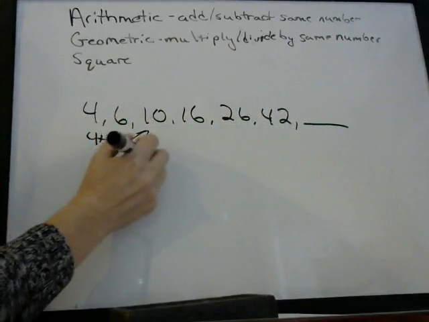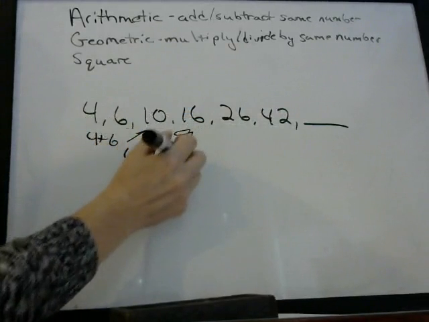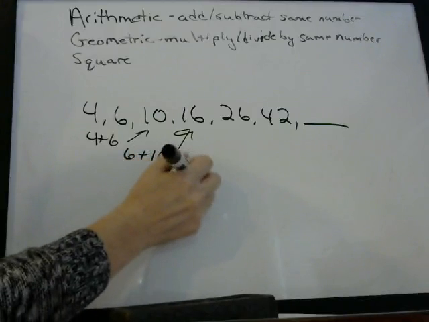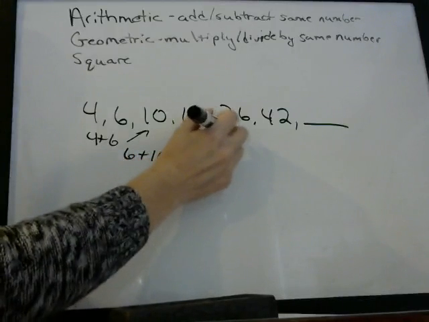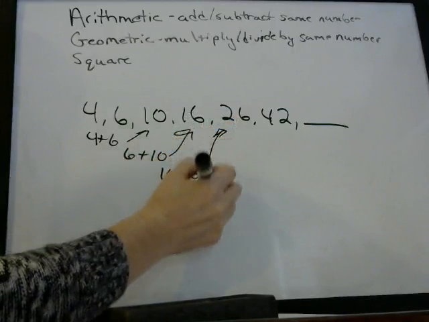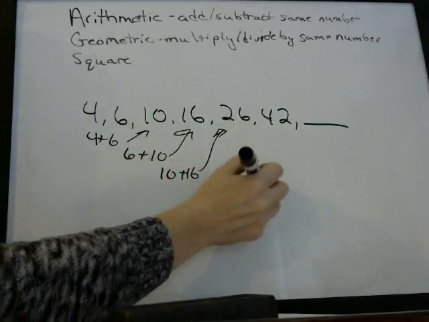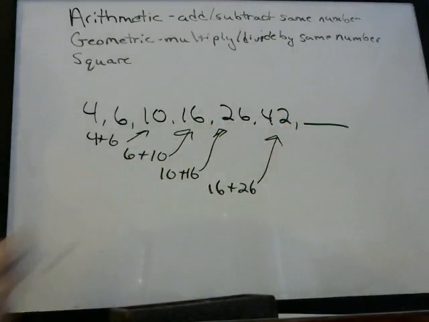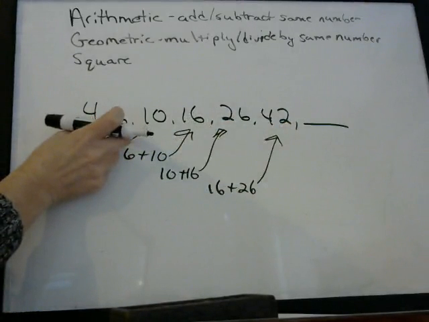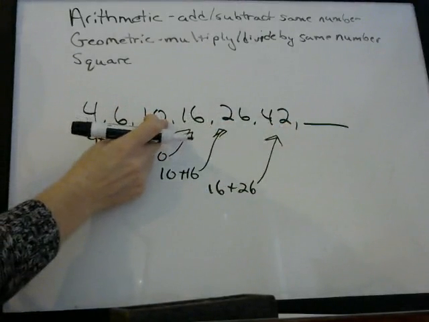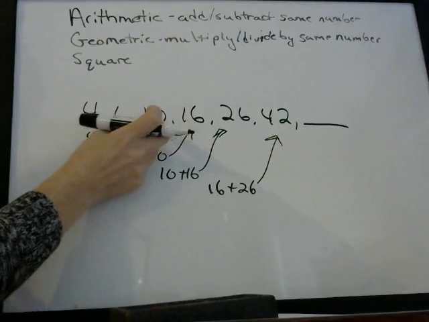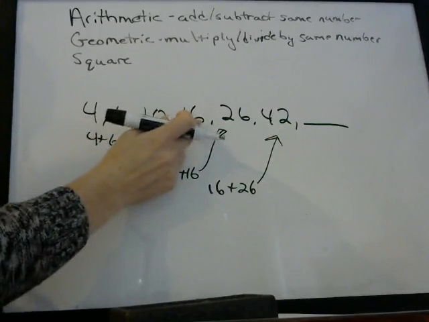They took 6 plus 10 and got 16. They took 10 plus 16 and got 26. And they took 16 plus 26 and got 42. So they took the two previous numbers, added them together, and got the next number.